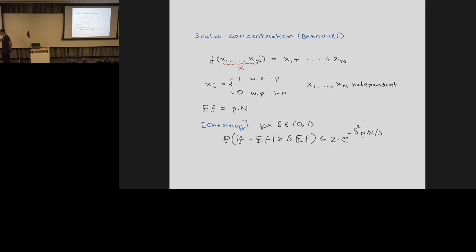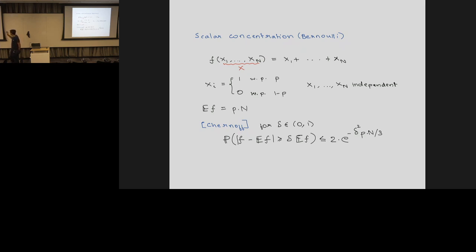The question is, what do we mean by concentration? Let's start with a simple example. Let's think of scalar, just a function taking real values, no matrices so far. Let's say we consider the simple function which is the sum of n independent random variables.